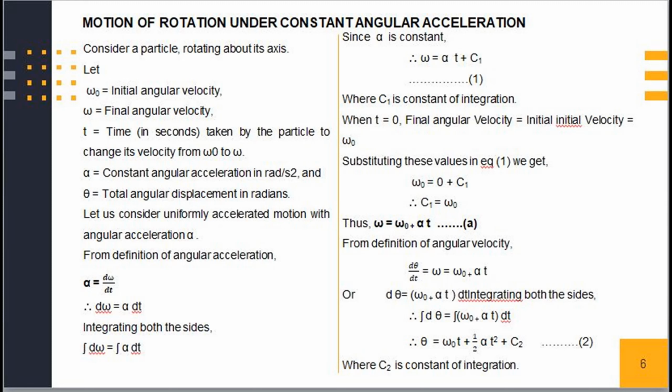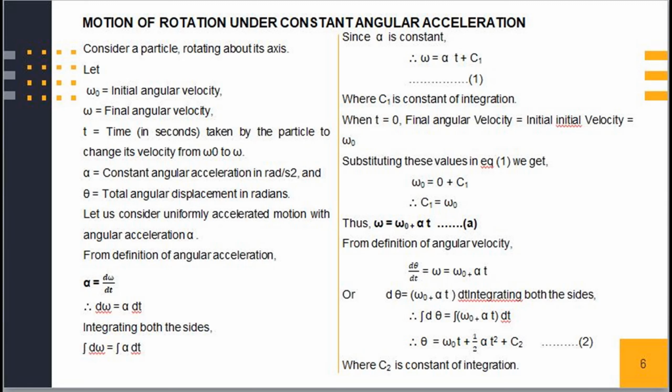Let us consider uniformly accelerated motion with angular acceleration alpha. From the definition of angular acceleration, we know that alpha is equal to d omega by dt. Therefore, we get d omega is equal to alpha into dt. Integrating both sides, we get the integration of d omega is equal to the integration of alpha into dt. Since alpha is constant, we get omega is equal to alpha t plus c1.